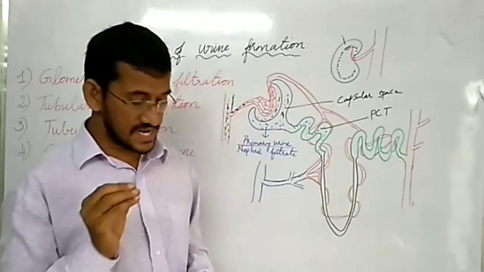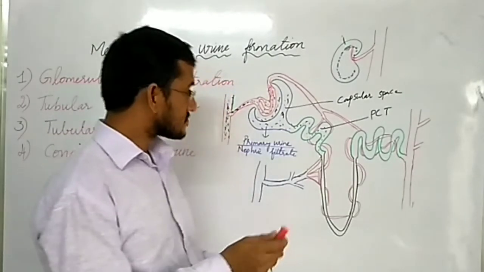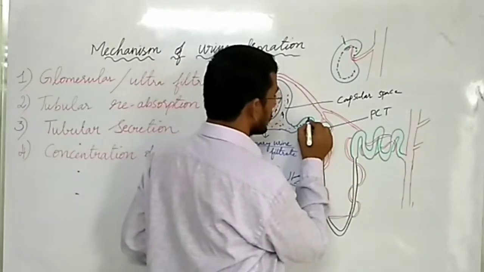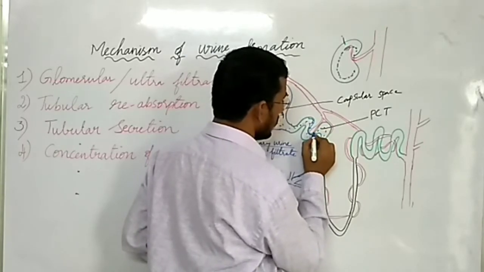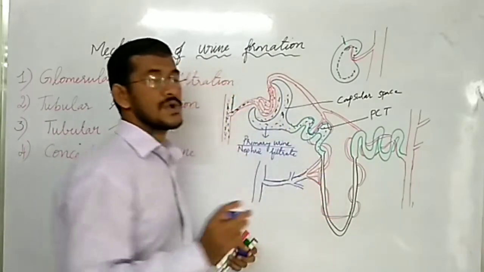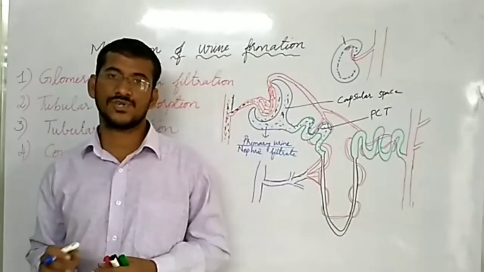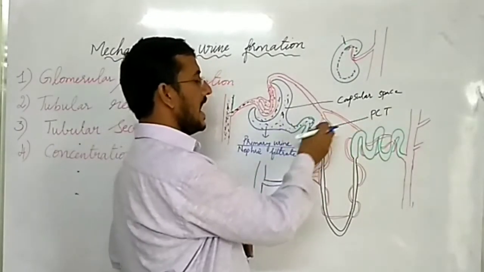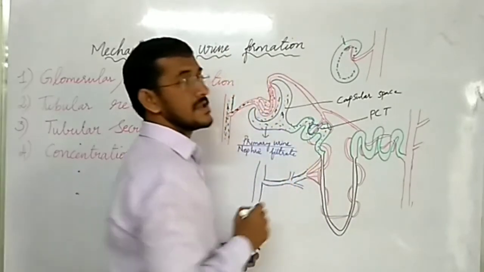The epithelial cells present in the PCT absorb all the nutrients like glucose, amino acids, some ions and salts, and give them to the peritubular capillaries.